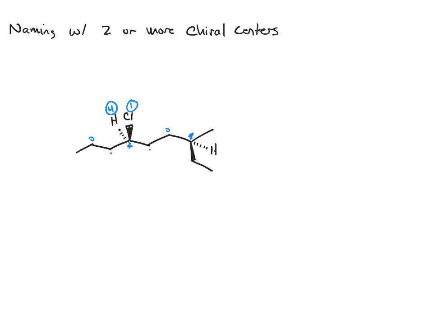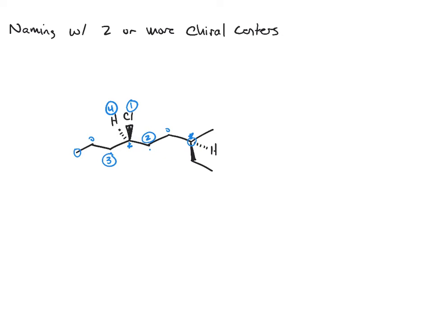So we still can't make a decision. Now let's compare these two. This one is a CH3. This one's a carbon that has two other carbons attached. That is a higher priority. So we get 2 on the right and 3 on the left.